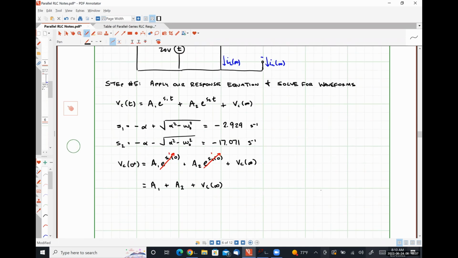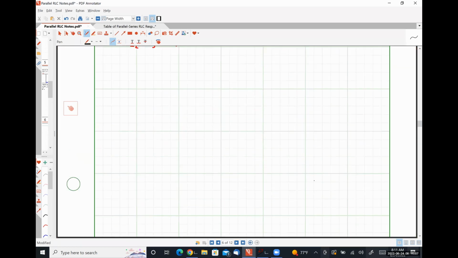And with a small amount of algebraic rearrangement, we find that A1 plus A2 is going to be equal to VC at 0 plus minus VC at infinity. And what we're going to do now is simply substitute in our numerically solved values for VC at 0 plus and VC at infinity. So let's scroll up here and see what we got.